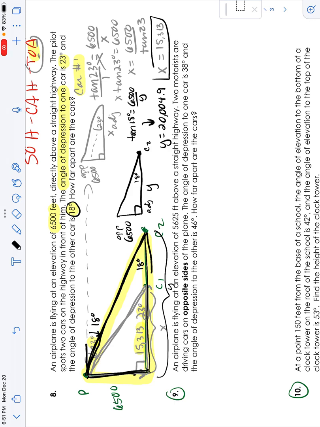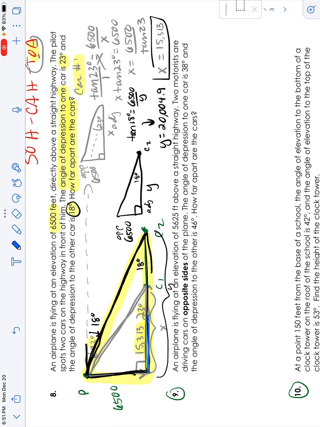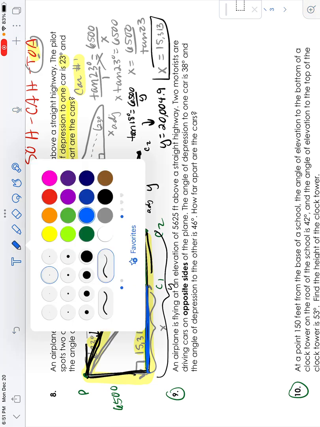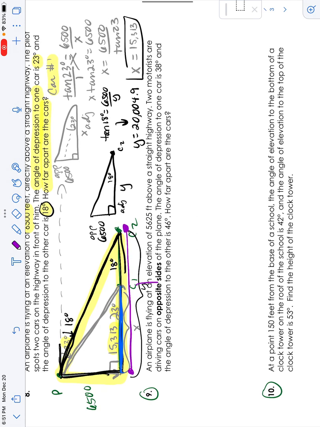So the question asks, how far apart are they? So at this point, I know from here to here, and I know the whole entire thing from here to the location of the second car. But they're only asking me for this part right here. That's what the question is saying.